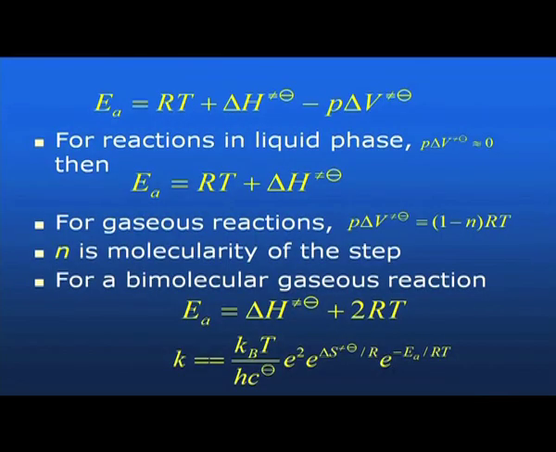So, for a bimolecular gaseous reaction, your activation energy will be delta H 0 bar double dagger plus 2 RT. So, 1 RT was there and another RT comes as a result of the work done by the system. Okay, so ultimately we get this expression.